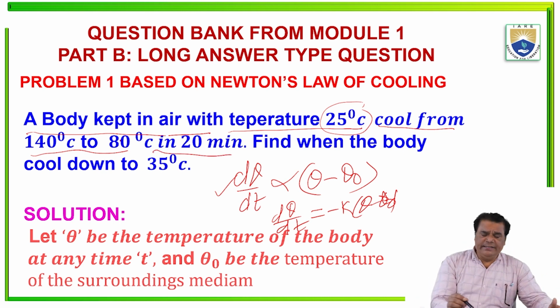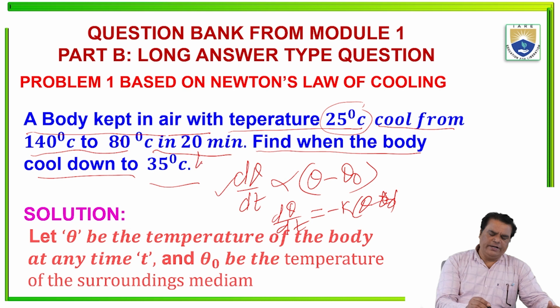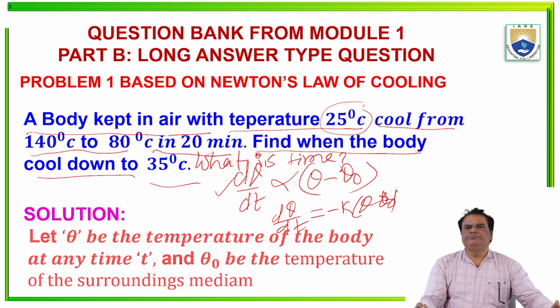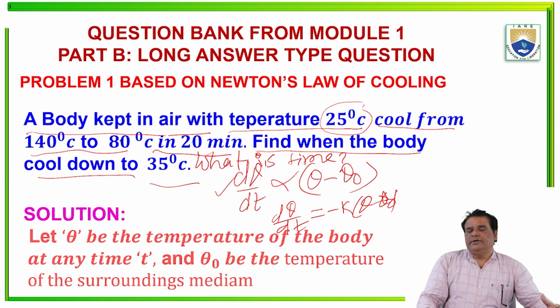We have to find the time when the body cools down to 35 degrees Celsius. This is a very easy, interesting and important question, and we should read it seriously.